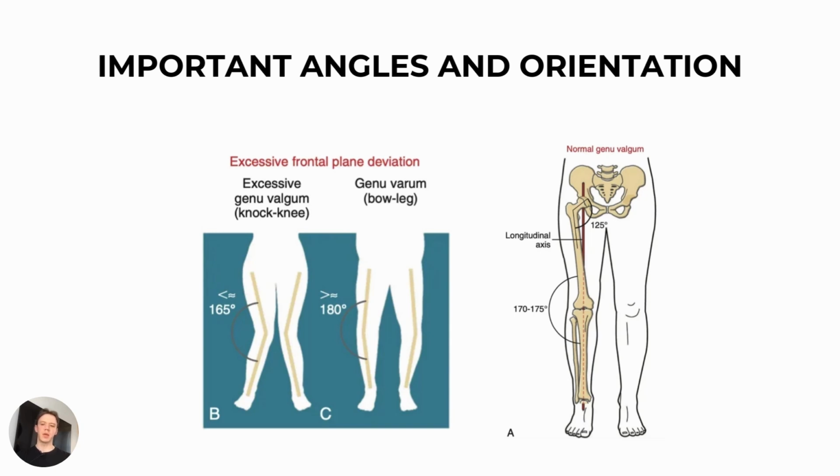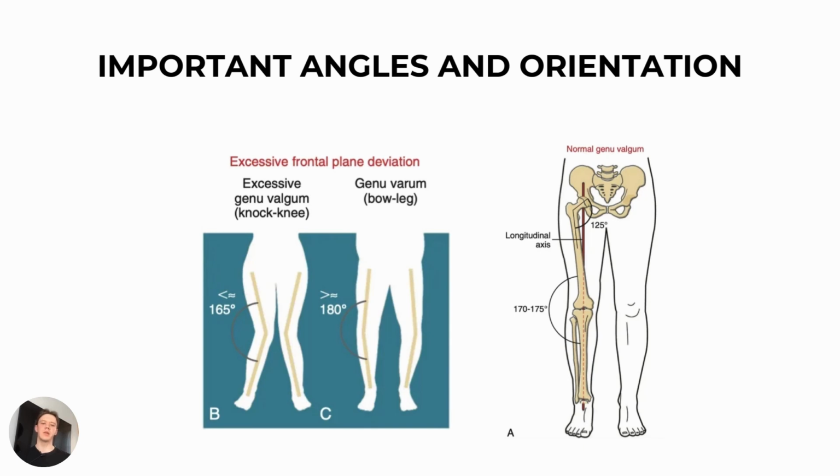And this has huge implications for load distribution, movement patterns and potentially pain presentations. It's not just about the numbers, it's about understanding how this affects function and movement quality in our patients and clients. So think about how this alignment influences everything medially or laterally in the knee joint, from walking to squatting. Once again, I would like to remind you that it's not just about biomechanics.